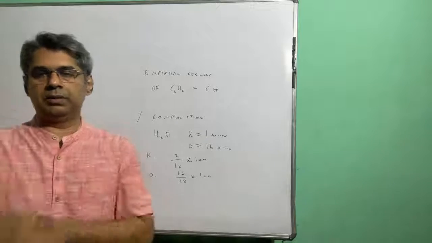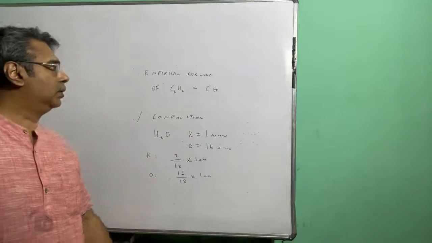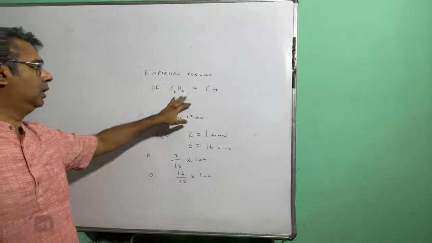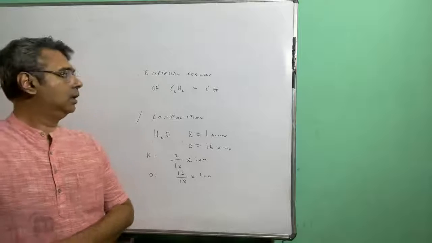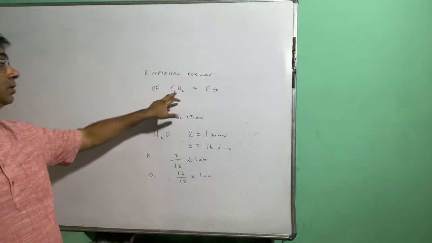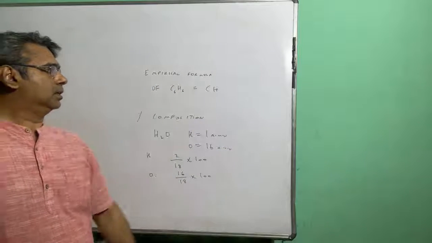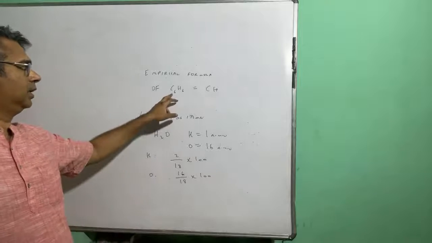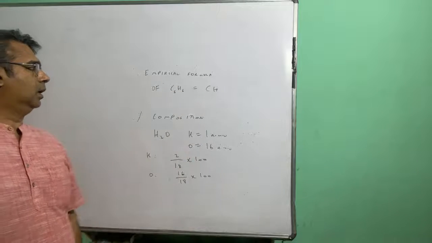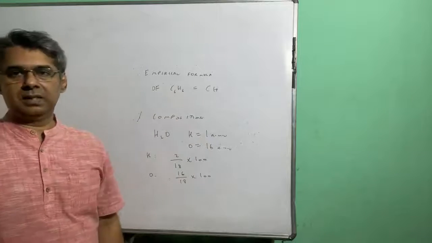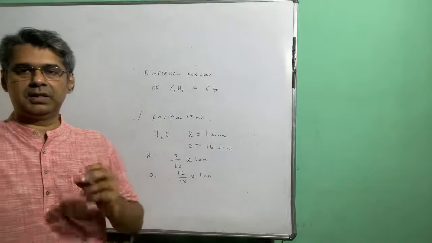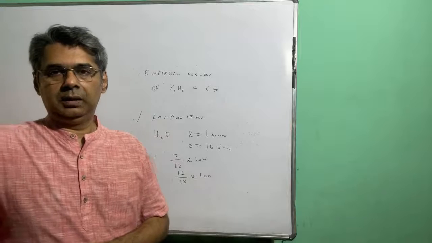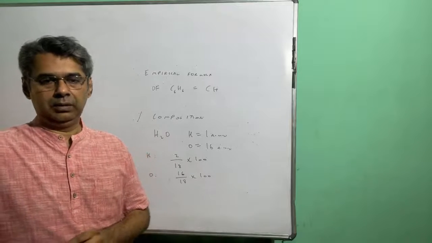Okay, and the third topic in today's session, so we have done relative atomic mass, we have done percentage composition. The third topic is empirical formula. Suppose you have a molecule C6H6, so the empirical formula of C6H6 is CH, because you have to reduce 6 and 6, so it will become CH.